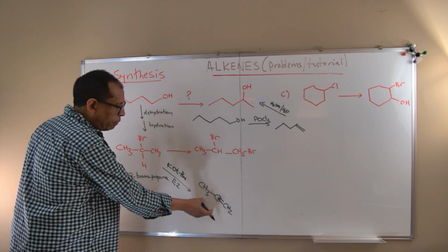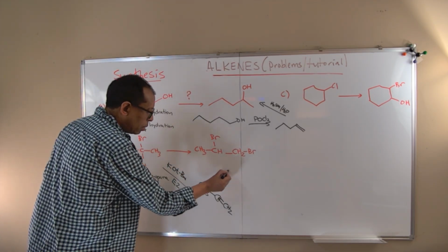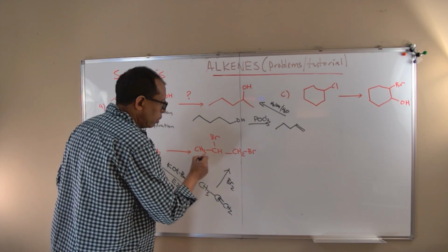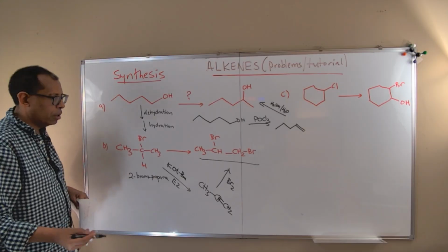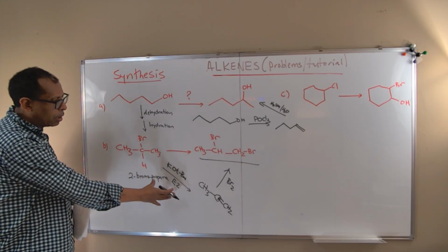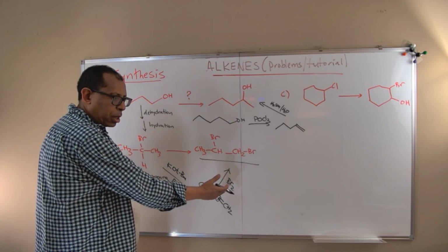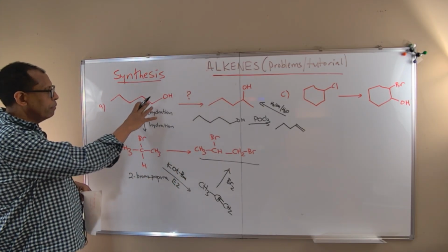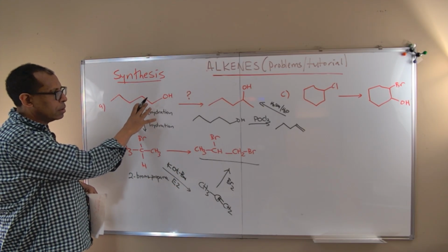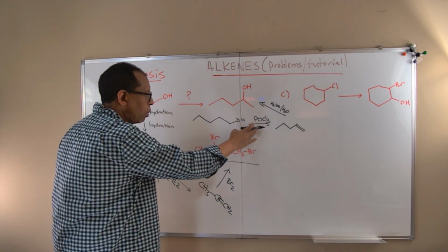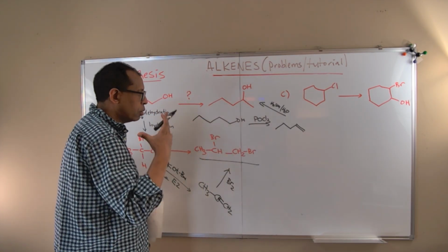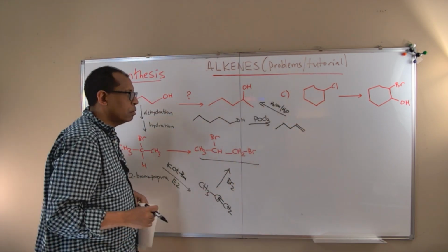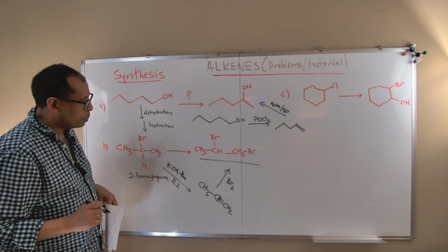To this, if you just do an addition reaction of Br2, voila, you get this. Very easy. So you make an alkene first and do the addition reaction, you get the dibromo compound. Revise again: dehydrate this using phosphorus oxychloride. That's why you need to remember the reagents, and addition would give you that compound.